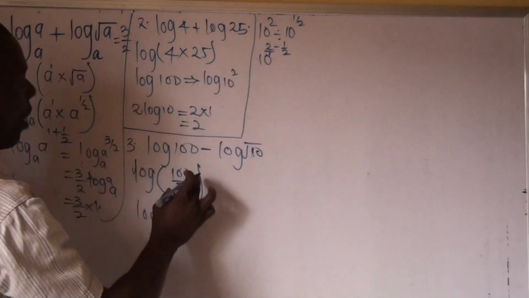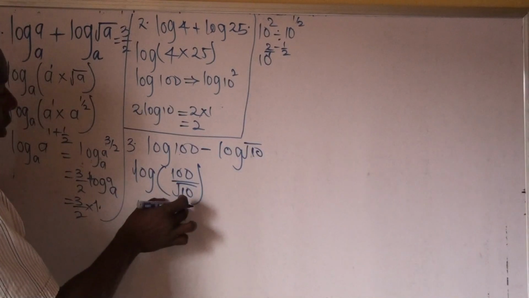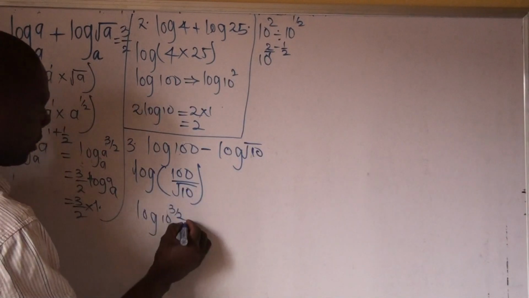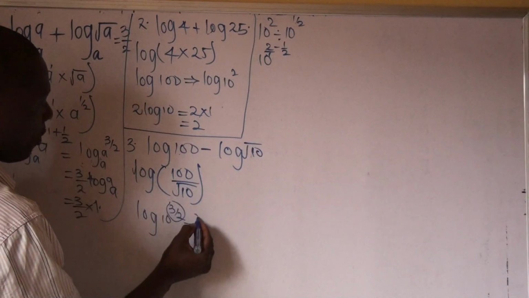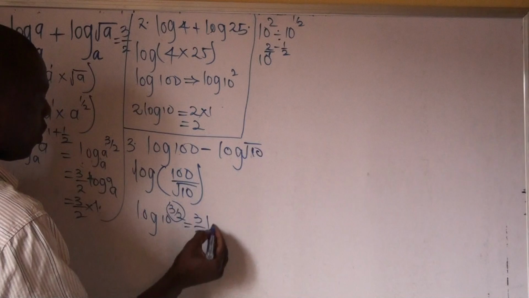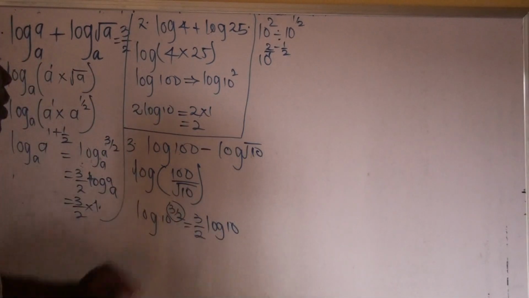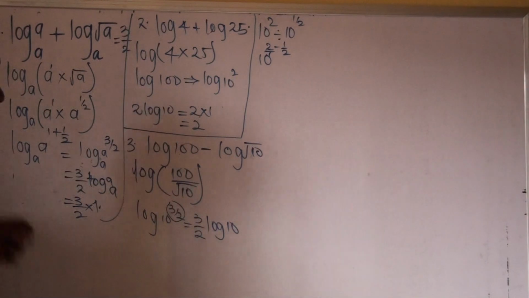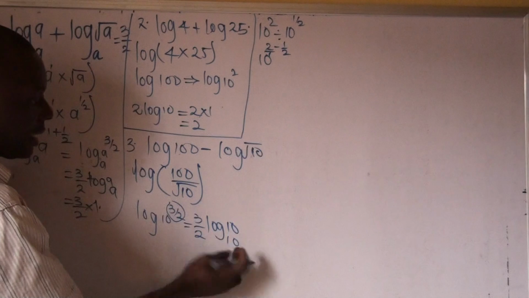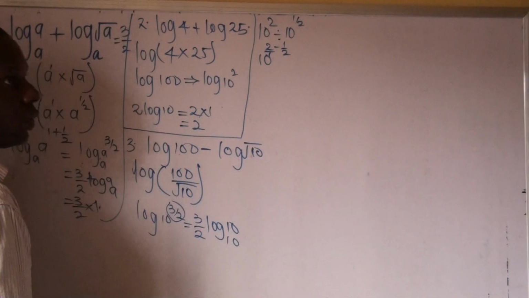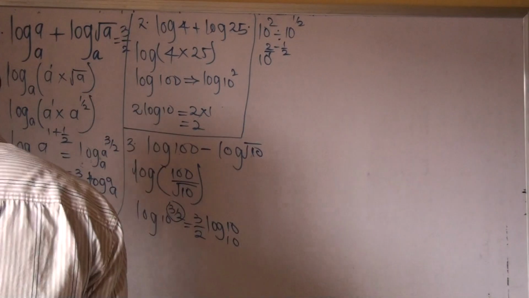Applying the power law, this becomes 3 over 2 log 10. And we know that log 10 is 1. The base here is 10, but it's not written, so naturally it is logarithm at base 10. Then let's look at the other question.